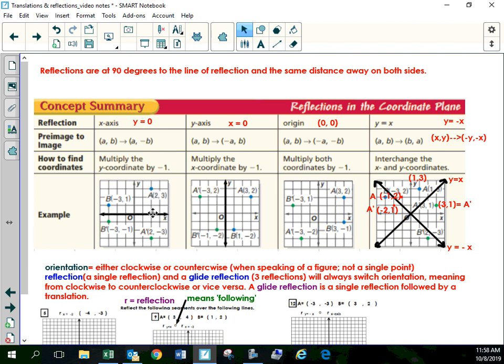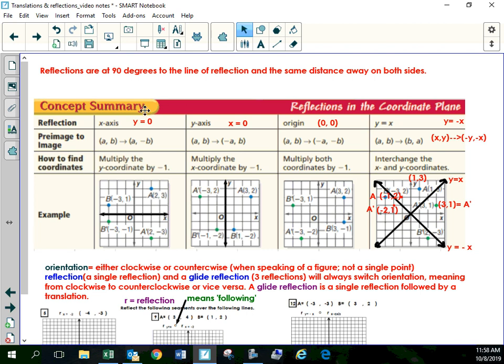So we're at 90 degrees to the line of reflection and the same distance away on both sides. Since all I have to do is go vertically down, that's 90 degrees, I just have to count. I went down 1, 2, 3 to get to that line. So I go down 3 more: 1, 2, 3. And there's my point reflected over the x-axis.